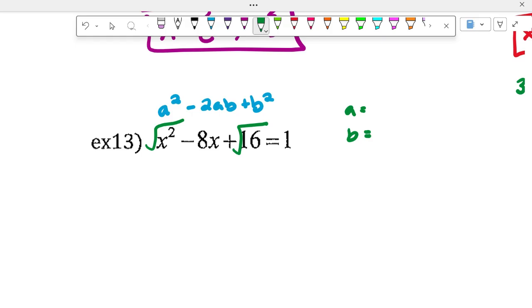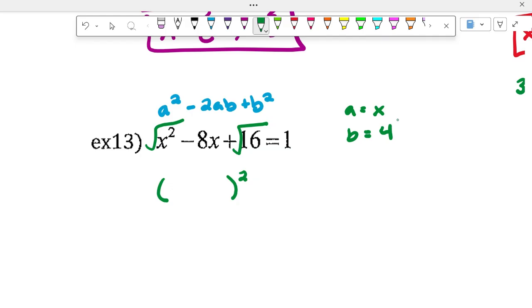What's the square root of x squared? x. Square root of 16? 4. So if I multiply 4 times x together, and then multiply that by 2, does that give me 8? Yes. And even if it's negative, that's okay, because negative 4 times x is the same thing. So who remembers how I factor that?